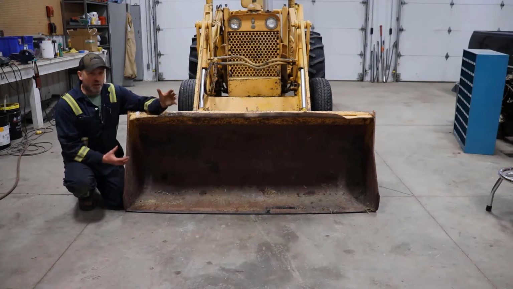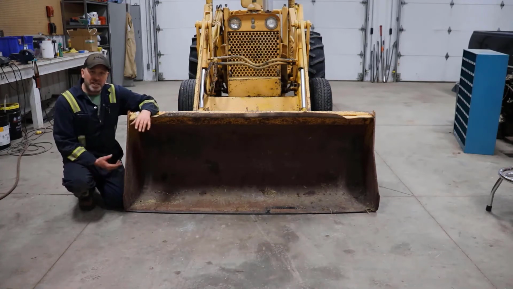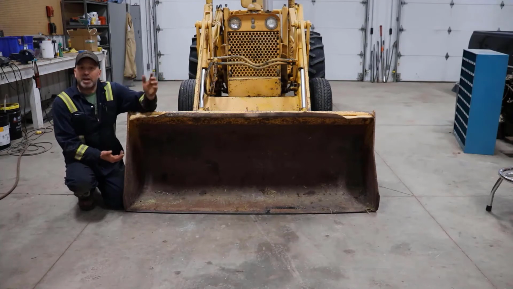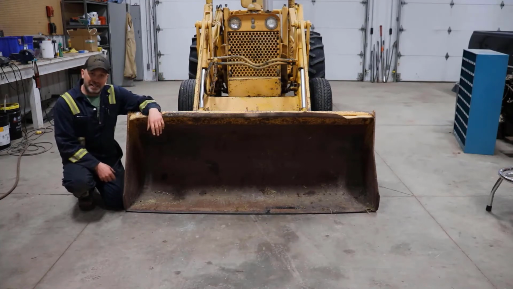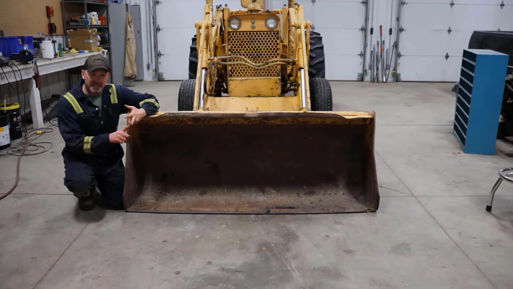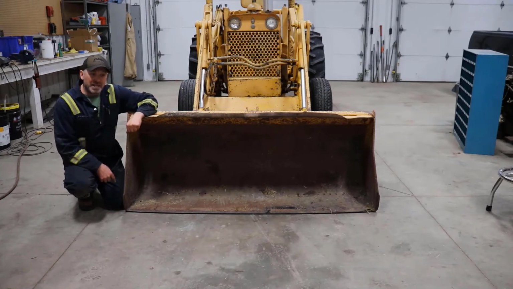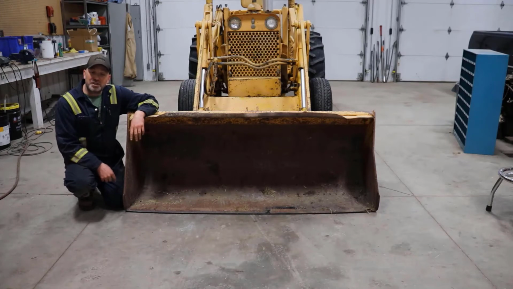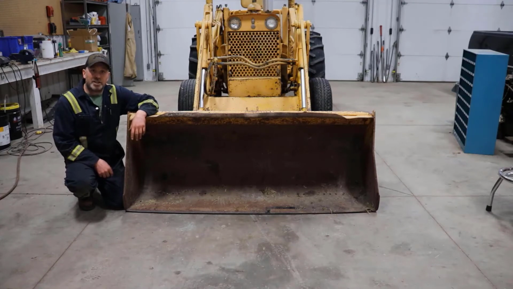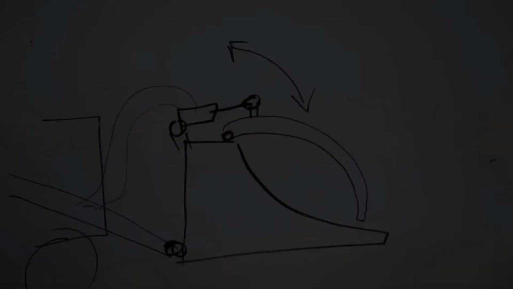So force, how strong it is; speed, how fast it moves; and power is how much time that takes. So the more power we have, the more force and more speed we can get. But let's worry about the first two. And in this video, we're just going to concentrate on the easiest one to figure out, which is force. So let's go back to the drawing board and talk about force for a while.